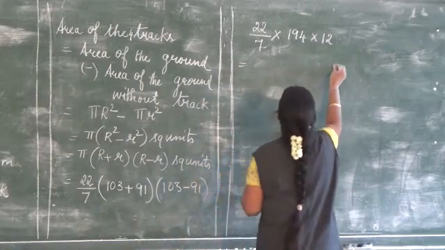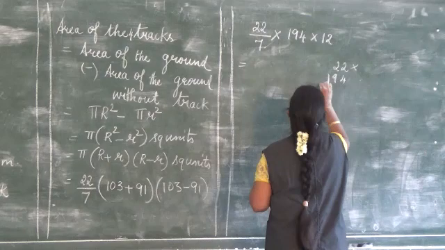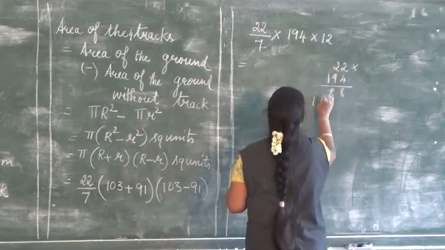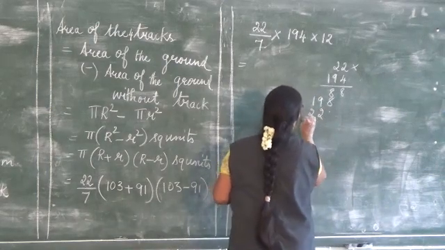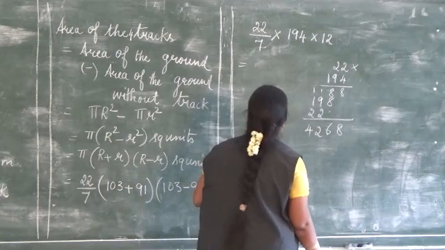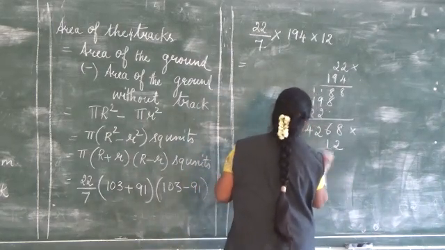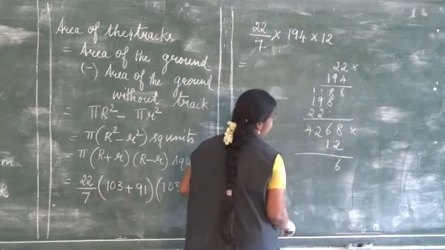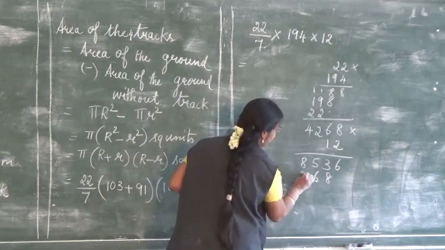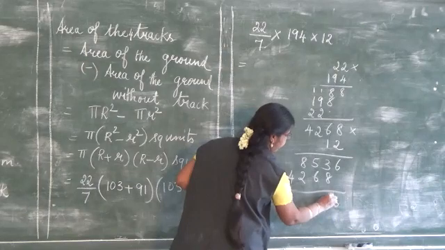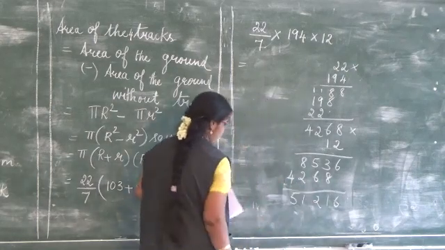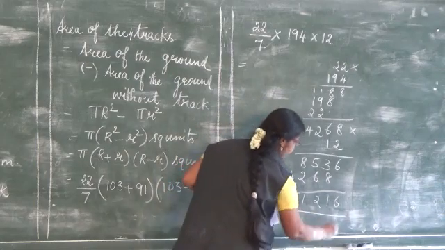So if you multiply 22 into 194, 8, 9 2s are 18, 19, 2, 8, 16, 1 carry over, 10, 12, 1, 3, 4, 2, 6, 8 into 12. 8 2s are 16, 12, 13, 1 carry over, 4, 5, 4 2s are 8, 6, 2, 4, 6, 11, 12, 10, 11, 1, 5. So you will be getting 51,216.